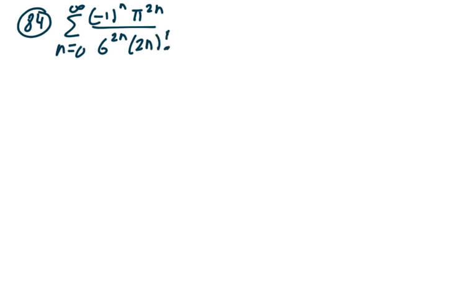On 84, we have the summation from n equals 0 to infinity of -1 to the n pi to the 2n divided by 6 to the 2n times 2n factorial. Right off the get-go, you should be thinking of the cosine function. Because, check this out.